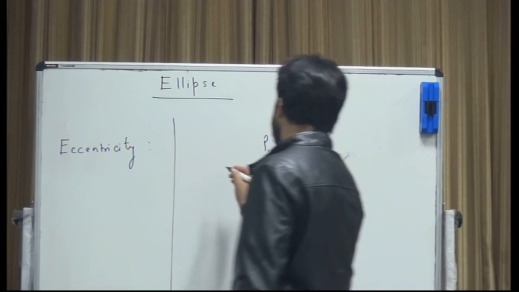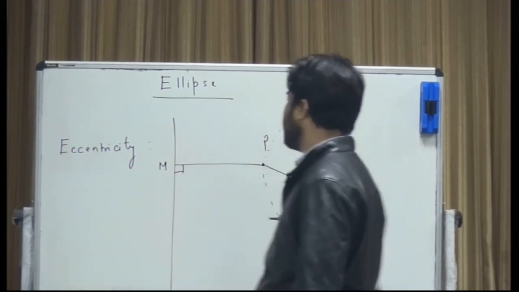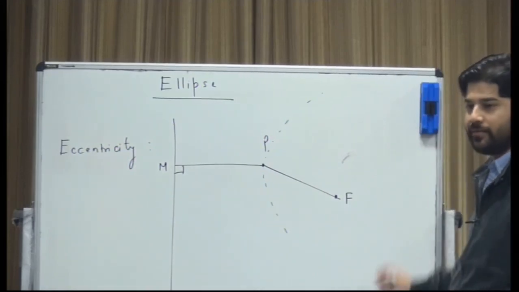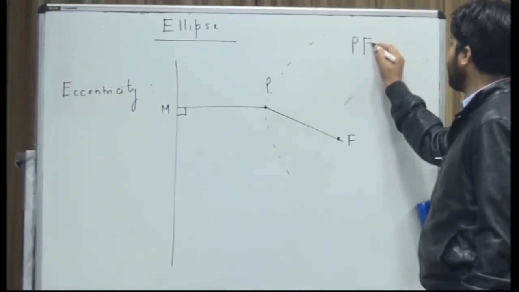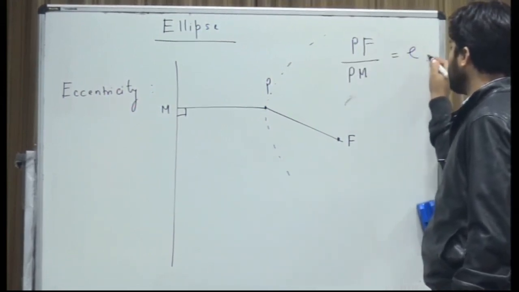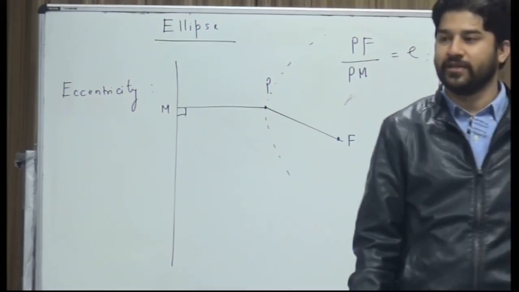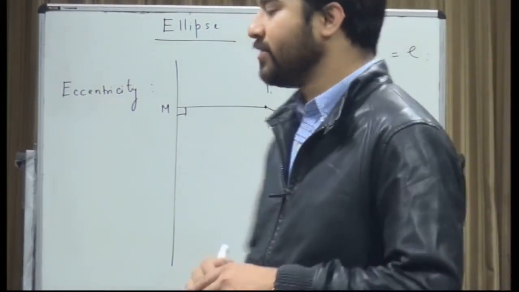This distance with this distance, I call it M. So PF upon PM is called eccentricity. Okay. This is the definition of eccentricity.